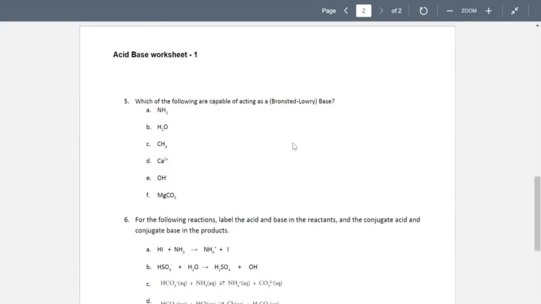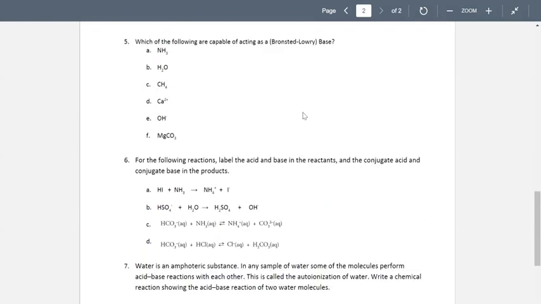And which of these are capable of acting as the base? Now, for this, what you need to do. Which one of these can act as a base, a Bronsted-Lowry base? For this, it has to have a lone pair.